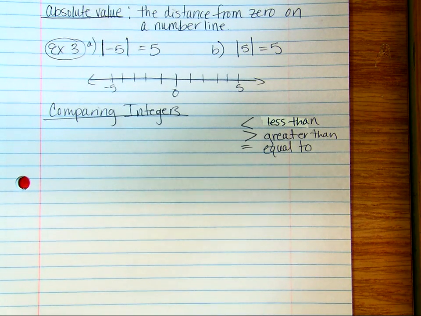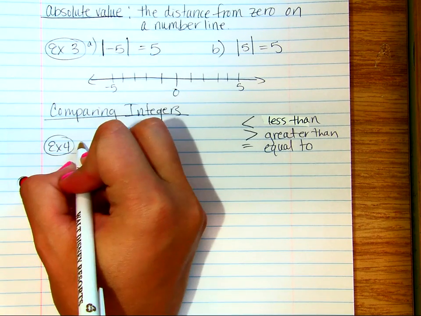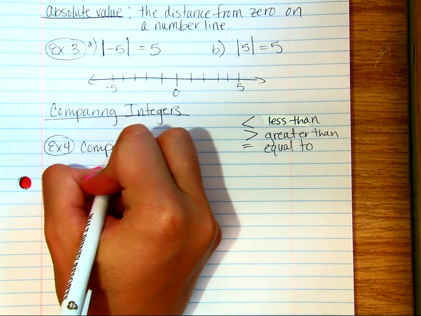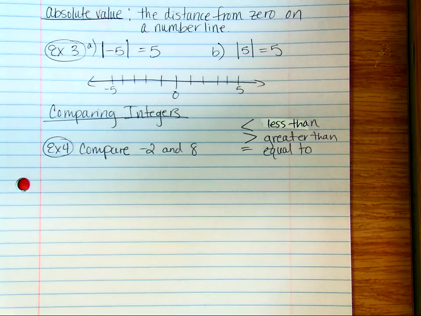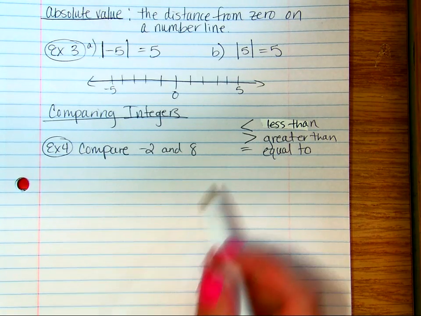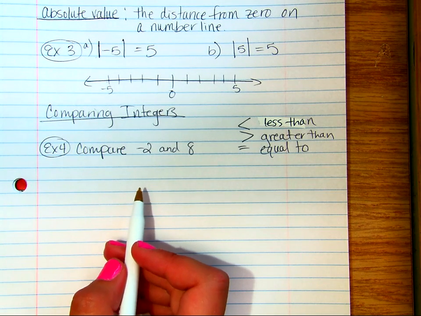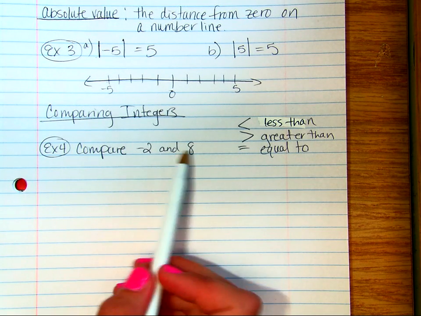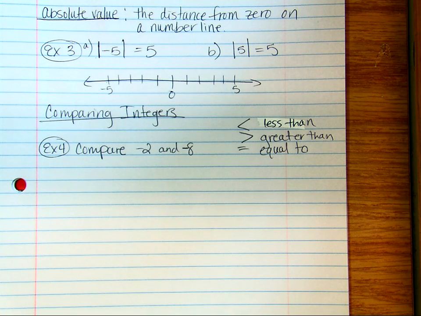So let's say I asked you, for example 4, to compare -2 and -8. That means put one of these signs in between them, depending on what's true.